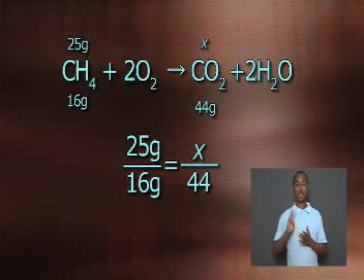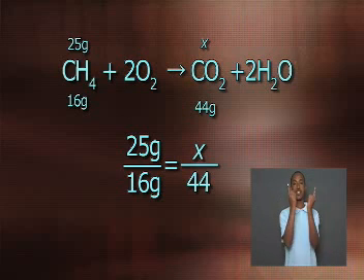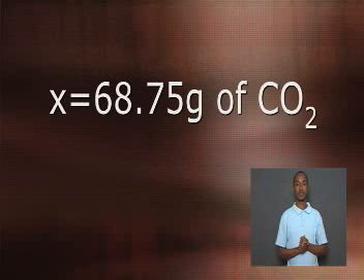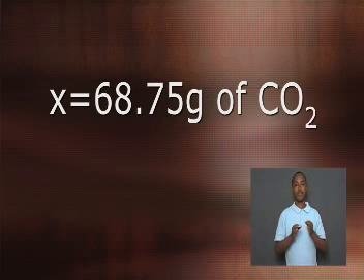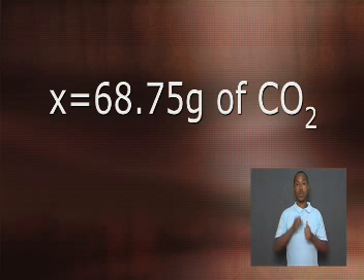We can determine the theoretical yield using mass-mass relationship. If we solve for x, we get the answer 68.75 grams of carbon dioxide, which is our theoretical yield.